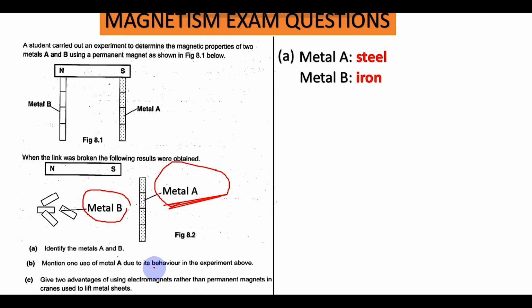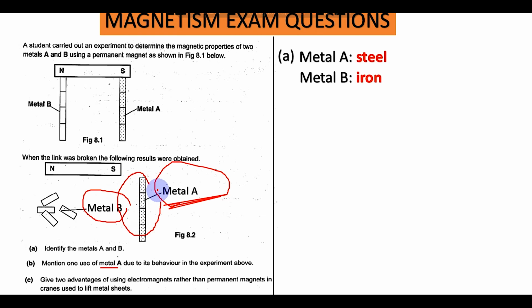Question B, mention one use of metal A due to its behavior in the experiment. When you look at the behavior of metal A, it has the capacity to retain its magnetism. It takes time for it to give out that ability to attract.